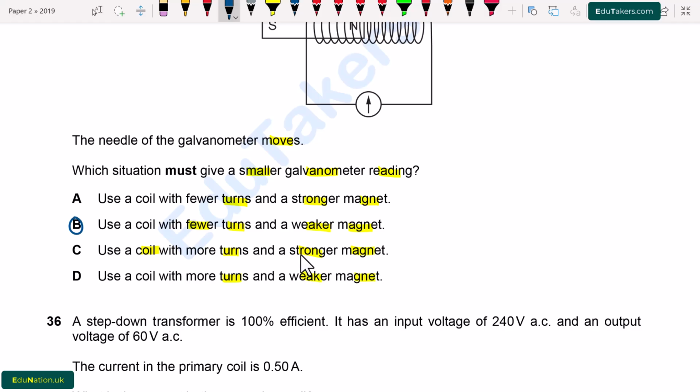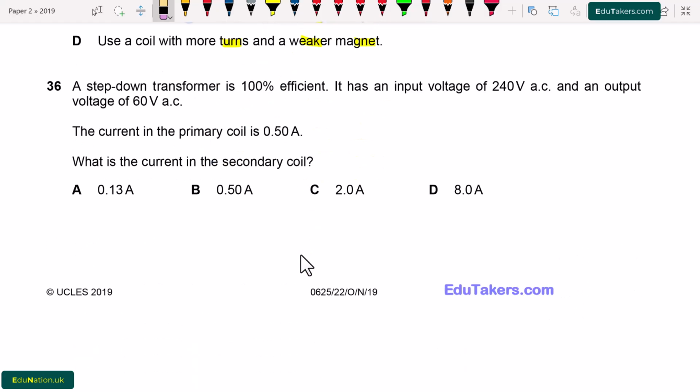Question number 36. A step-down transformer is 100% efficient. It has an input voltage of 240 volt AC and an output voltage of 60 volt AC. The current in the primary coil is 0.50 ampere. What is the current in the secondary coil? Here we have to find out the current.